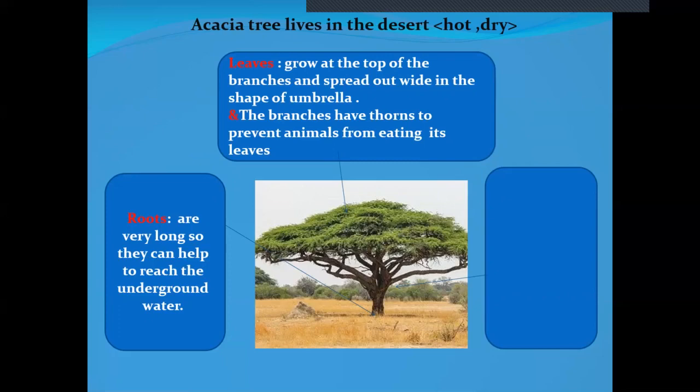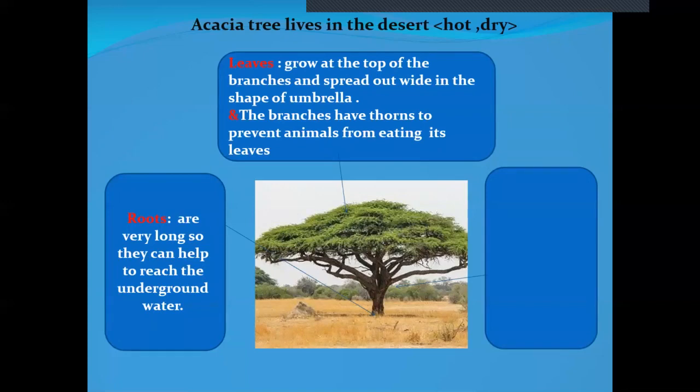These roots are very long, so they can help acacia tree to reach the underground water. So acacia tree has two traits. These traits help acacia tree to live in the desert. What are these traits?